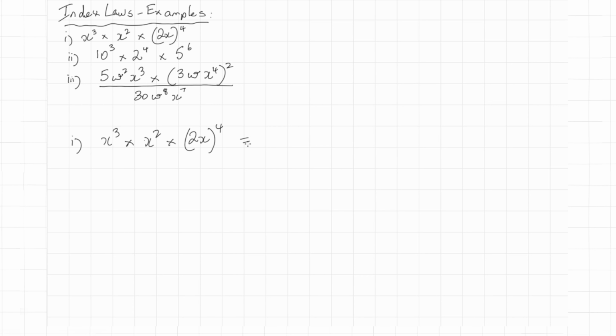And we've got to decide which laws we're going to use. BIDMAS also applies, so we've got brackets here, so we probably should do that. We've got multiplying, and a mixture of numbers and an x.